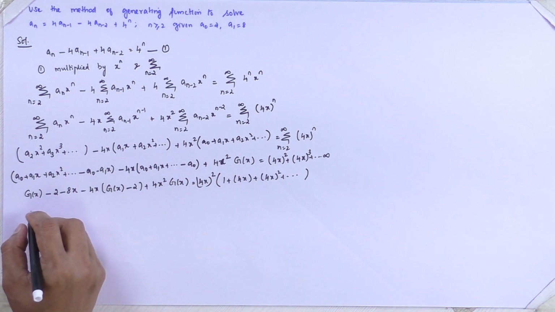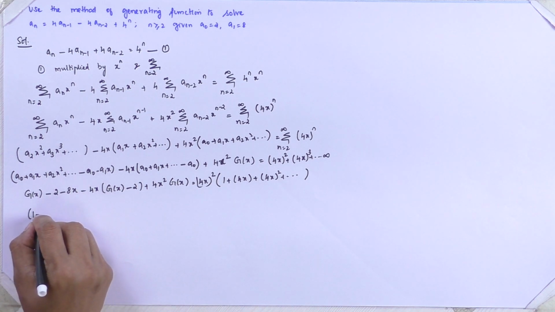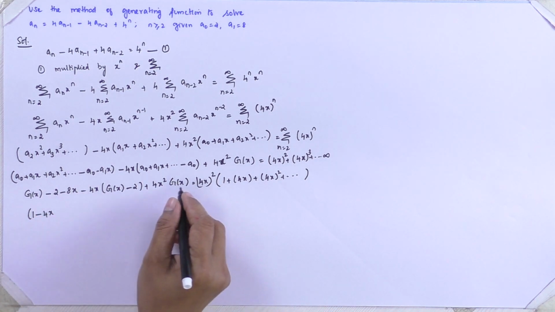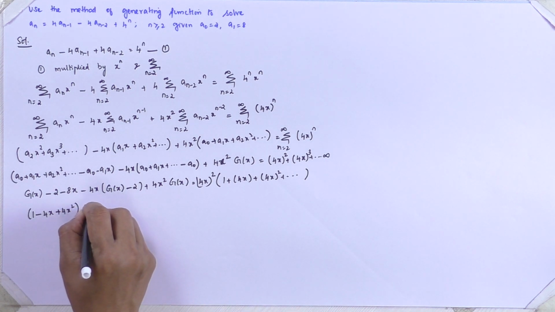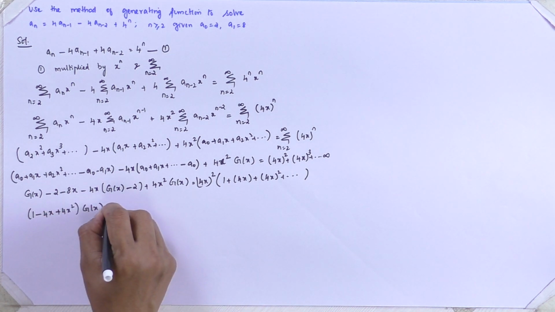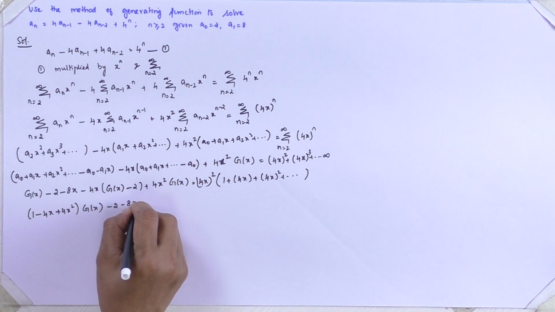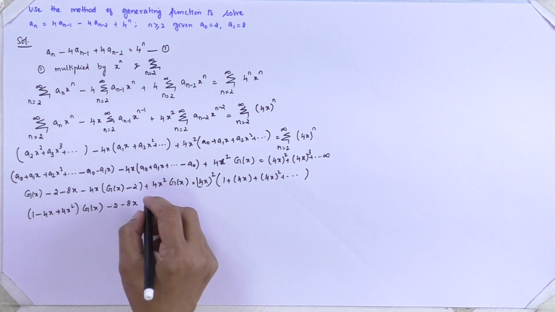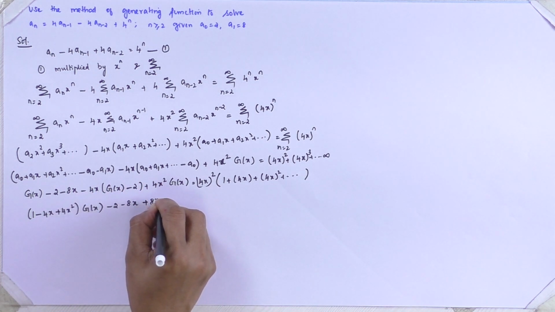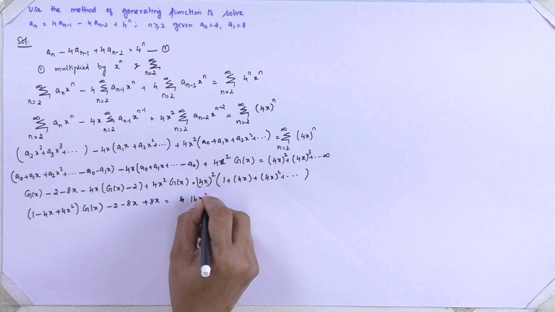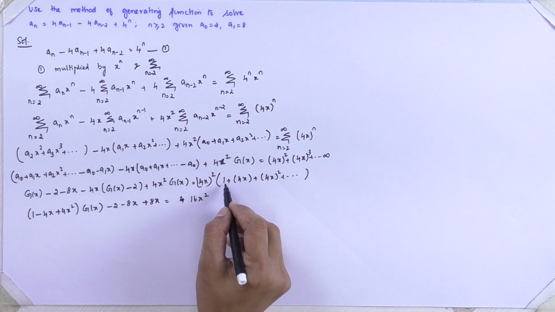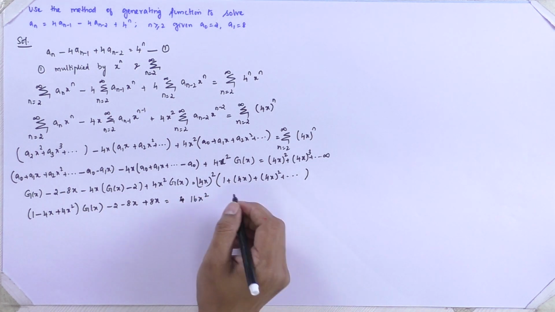Now I will pull all my g of x to one side. So the coefficient of g of x is 1, here it is minus 4x, and here it is plus 4x square into g of x. So it is minus 2 minus 8x, minus 4x into minus 2 becomes plus 8x, is equal to 4x the whole square, which is 16x square, and it is of the form 1 plus x plus x square plus so on.